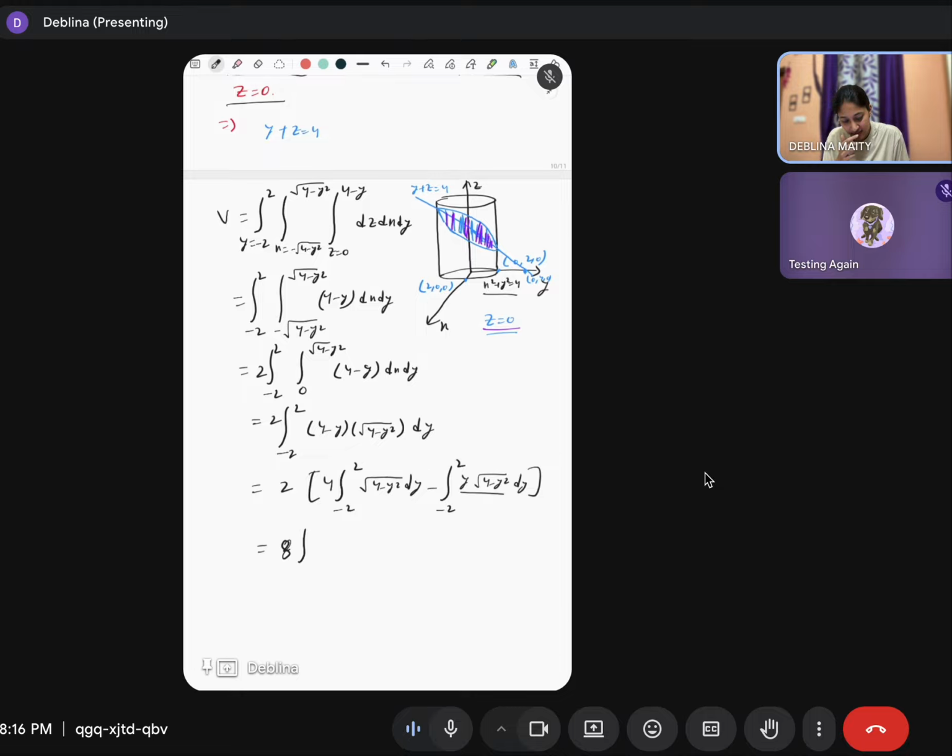Now this section, this y into root over 4 minus y square, is an odd function, right? So the integration from -2 to 2 will be 0. Yes. So only the first one will be left. So this is 4 minus y square dy, and the value of this is even.